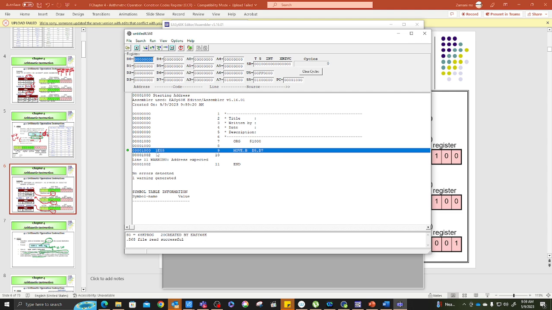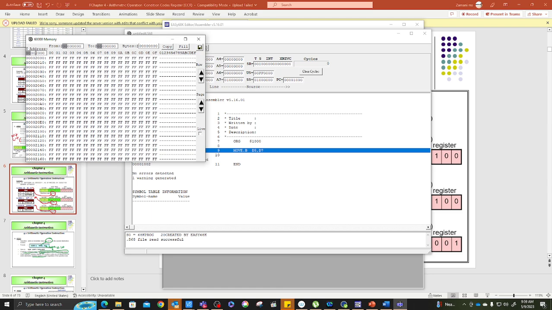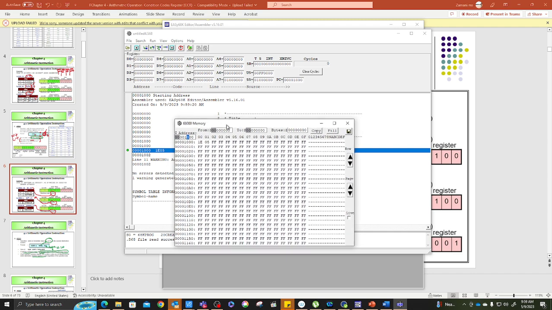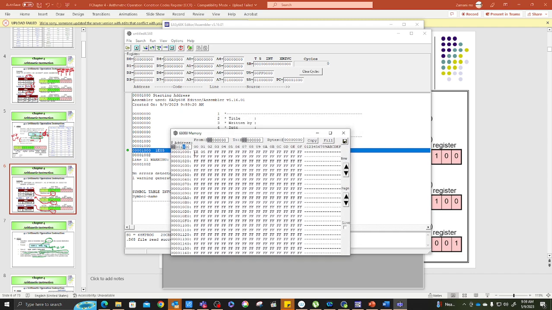This instruction code is located at memory address 1000, because you start your program at 1000. If you view the memory at 1000, you can see the same instruction code is put in the memory.